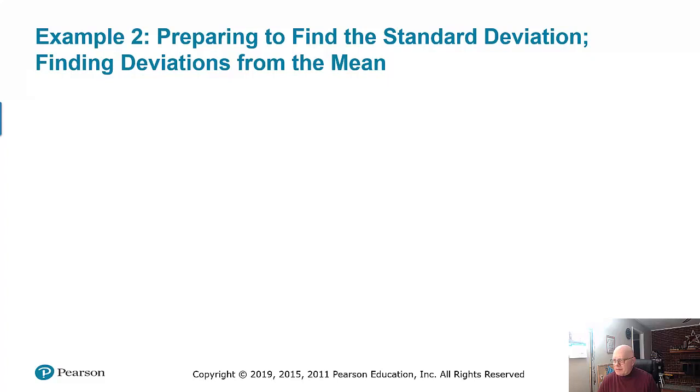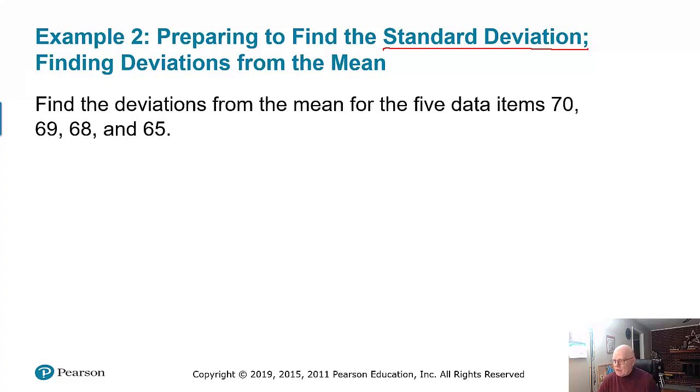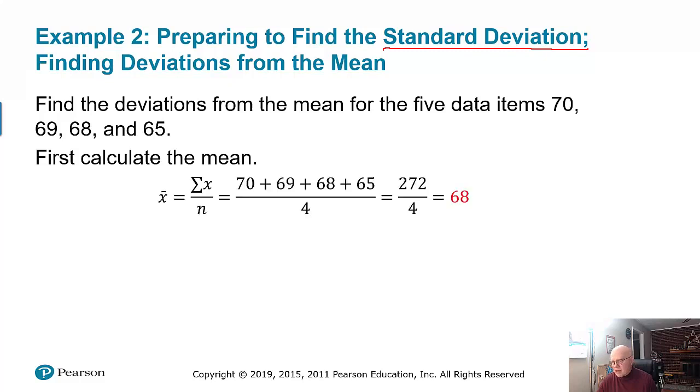Now, to get the standard deviation, this will give you an appreciation for how much work your calculator is going to do for you. Find the deviations from the mean. This is what your calculator is doing. So you've got 5 data items, and I only see 4 here. This is rather strange. We'll see what happens. 70, 69, 68, 65, okay?